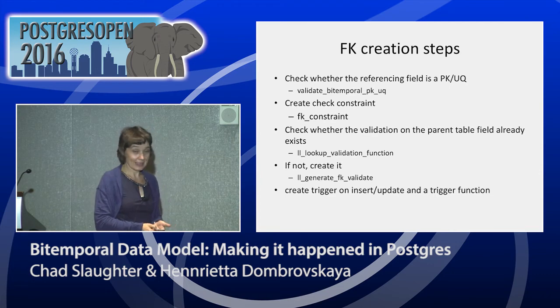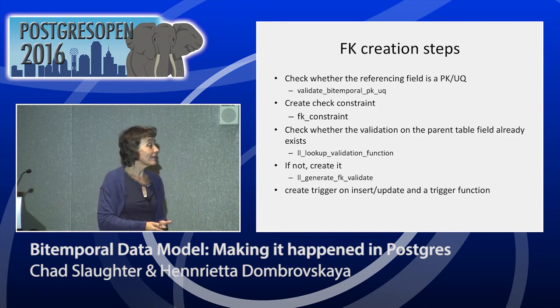First, as with a normal foreign key, we are validating that the reference refers to a primary or unique key. So first, we need to call this function and check whether in the referencing table we have this column as the primary or unique. Then we call this function which creates a check constraint to describe the foreign key constraint.